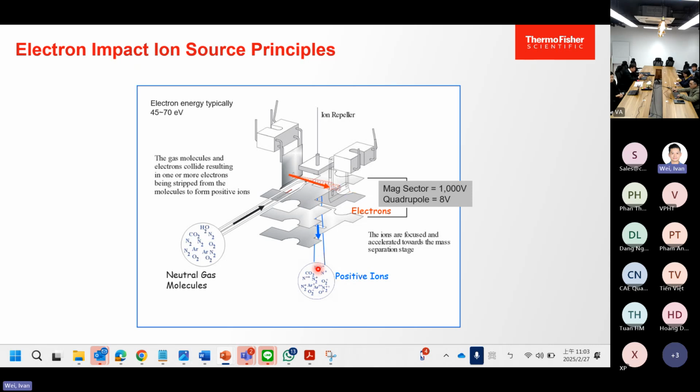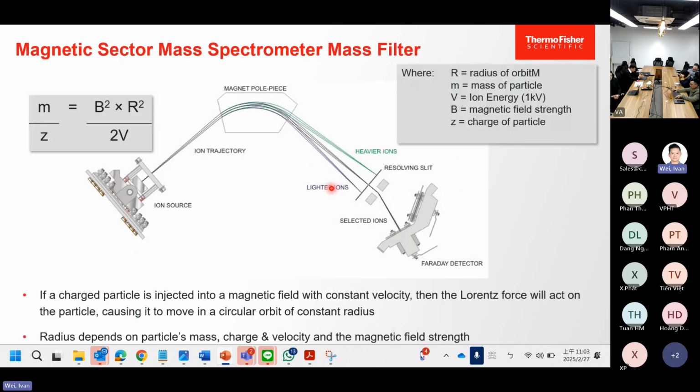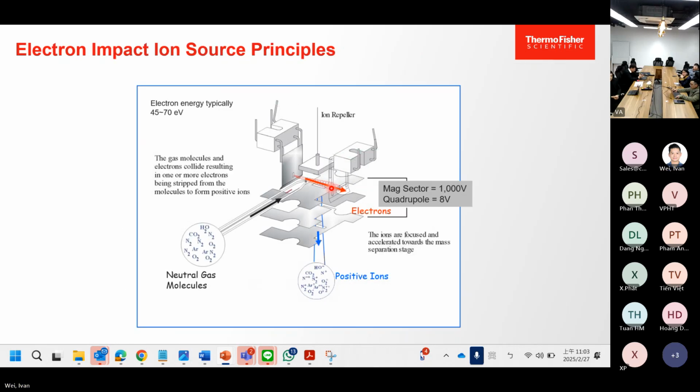The main type of source I use for process mass spectrometry monitoring is called an electron impact ion source, where there's a thermal filament that is heated over 1000 degrees Celsius and gives out electrons, which are then accelerated to hit our sample gas, to collide with the sample gas to break it into fragments and also ionize it.